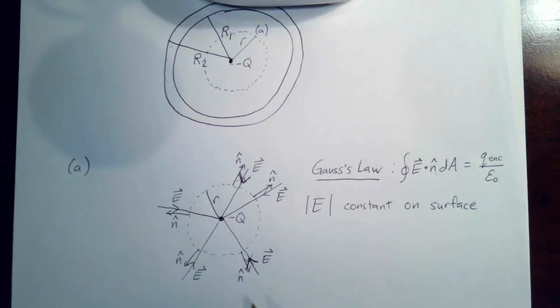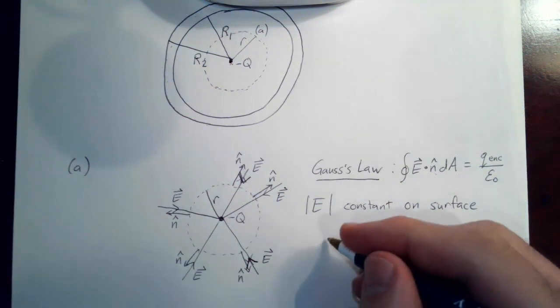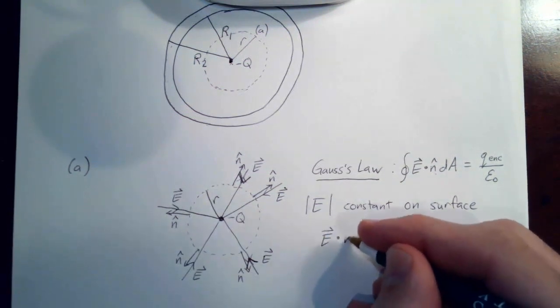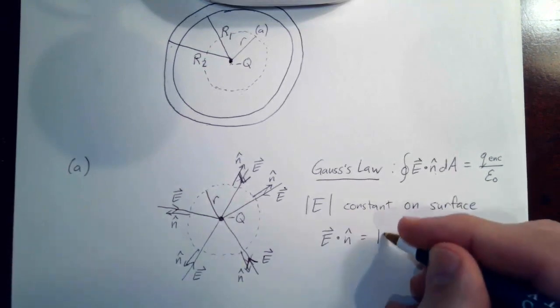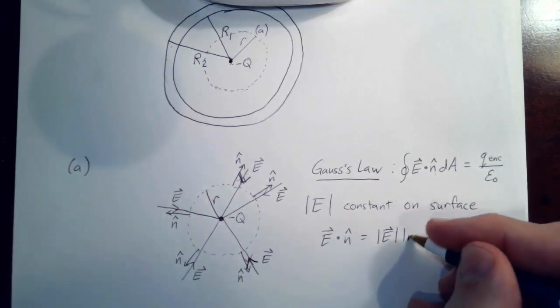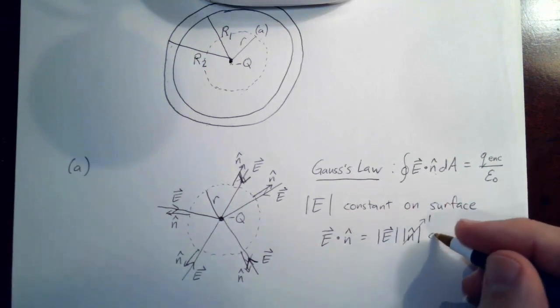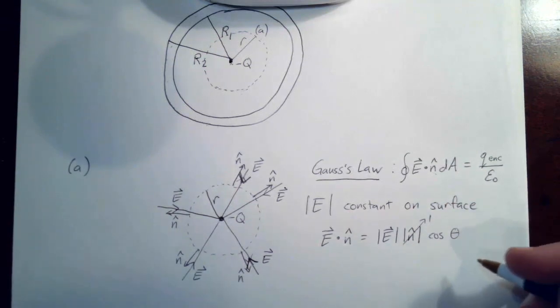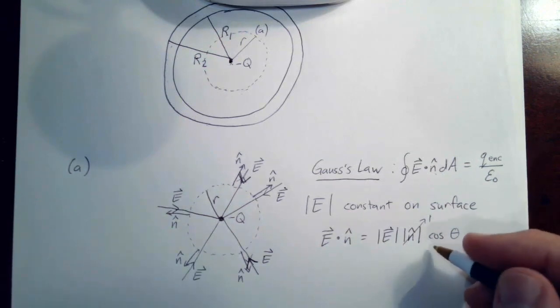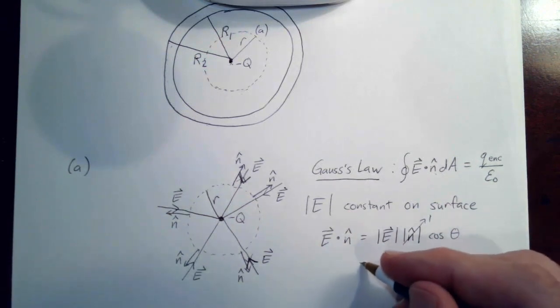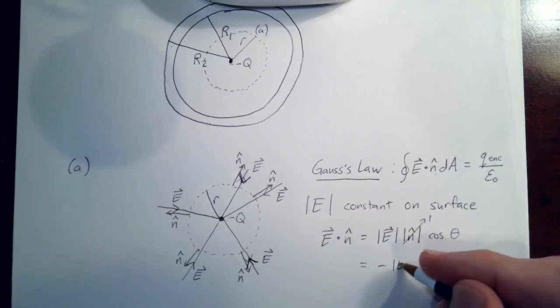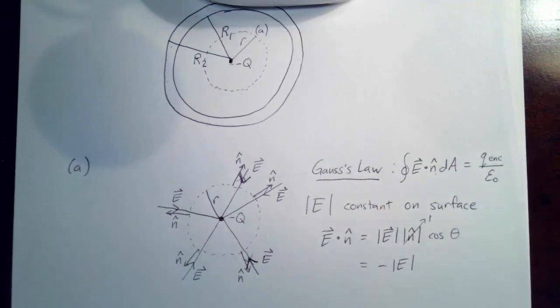The angle between them is 180 degrees. So E dot n hat is going to be the magnitude of E times the magnitude of n hat, which is 1, times the cosine of theta, and theta is 180 degrees, so this is negative, equal to negative magnitude of E.